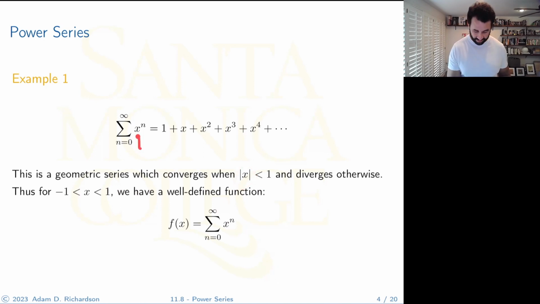In this case, r is x. So whenever the size of x is less than 1, the series will converge. Otherwise, it will diverge. And that's it. So as long as x is between -1 and 1, we have a well-defined function written as a power series. Pretty wild.